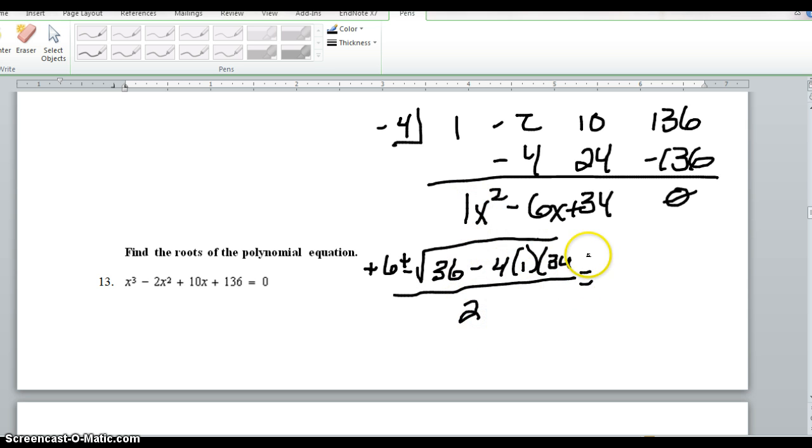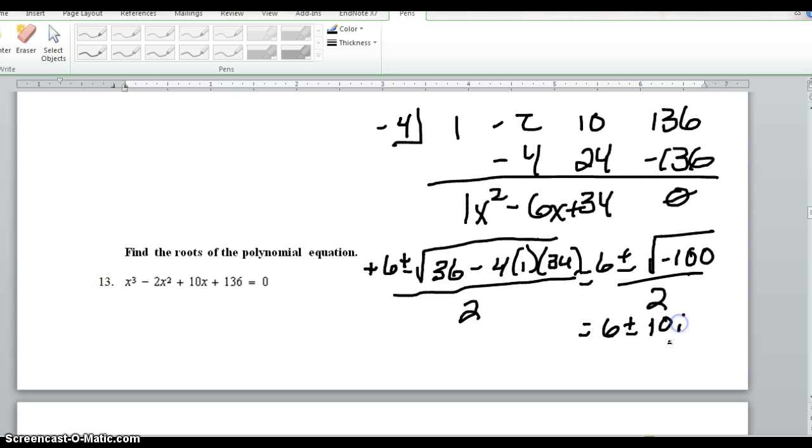So this is going to simplify to 6 plus or minus the square root of 36 minus 136, which is going to be -100, all over 2. The square root of 100 is 10, and the negative gives us i, so you're going to have 10i. 6 plus or minus 10i divided by 2, and yes, 2 does go into 6 and 10 for a simplification of 3 plus or minus 5i.